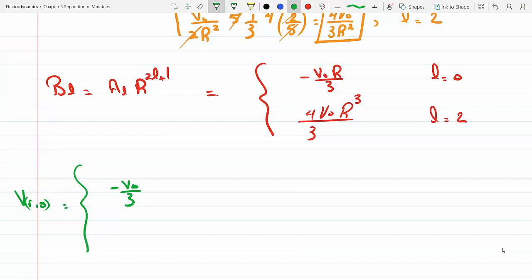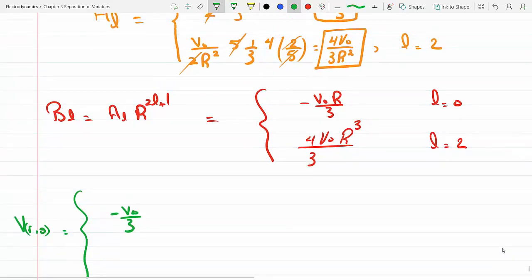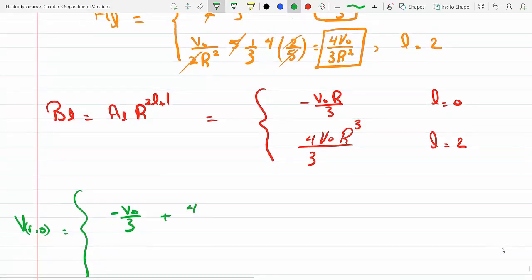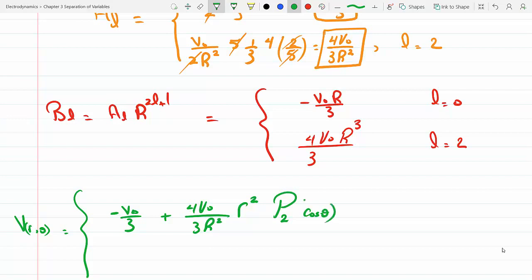Okay, plus, now if L is 2, this is going to be 4V0 over 3R squared multiplied by R to the L, so this is R squared, and this is going to be P2 of cosine theta, and we know exactly what this is from the table. This is just 3 cosine squared theta minus 1 over 2, right?